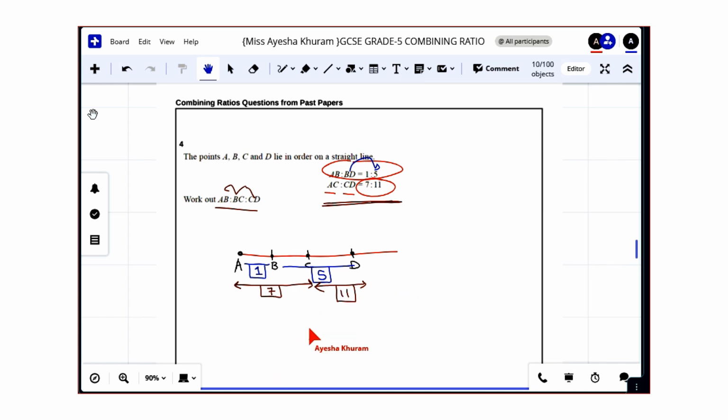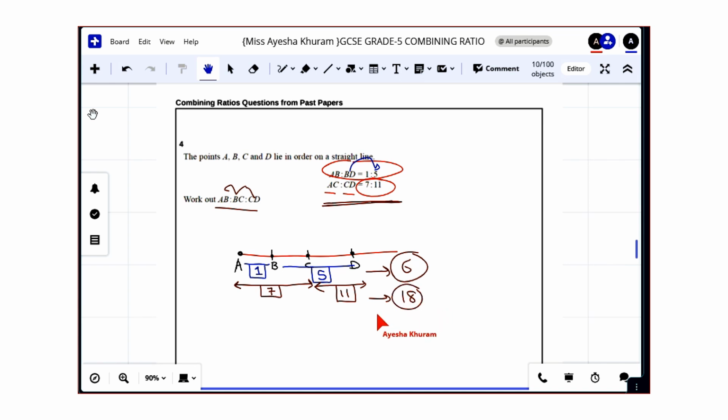Look at my blue part: 1 and 5 makes 6. Look at the brown part, where I wrote 7 and 11: 7 and 11 is 18. All right, I got 18 here.